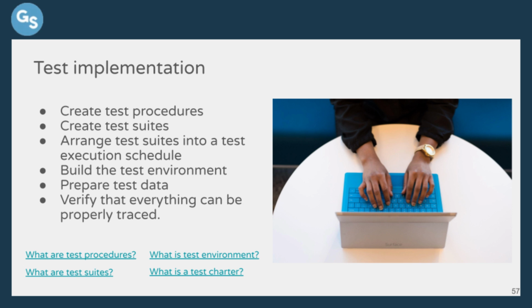Testers form test suites from these procedures and scripts, arranging them for efficient execution. They also build the test environment, which may include tools like test harnesses or simulators, and verify that everything is set up correctly. Preparing test data and ensuring it loads properly in the environment is crucial. Finally, testers check that all components, such as the test bases, conditions, cases, procedures, and suites, are traceable to one another.